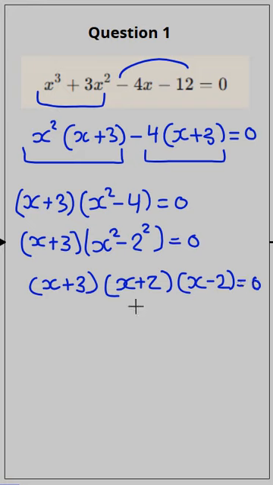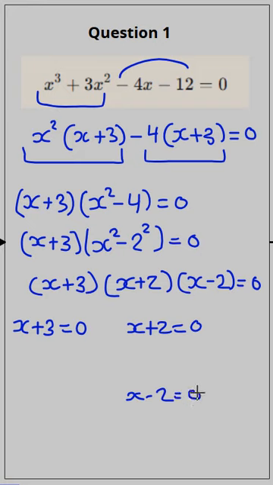So we got these three factors and the product is 0, so we have to put all of them equal to 0 separately. First of all, here you will put x plus 3 equals 0, then x plus 2 equals 0, then x minus 2 equals 0. From here you will get x equals, if you move this 3 to the right side, negative 3.